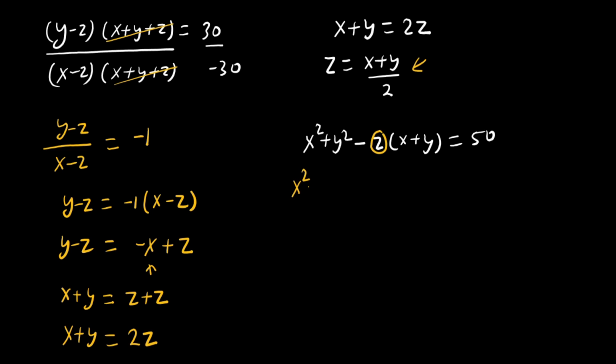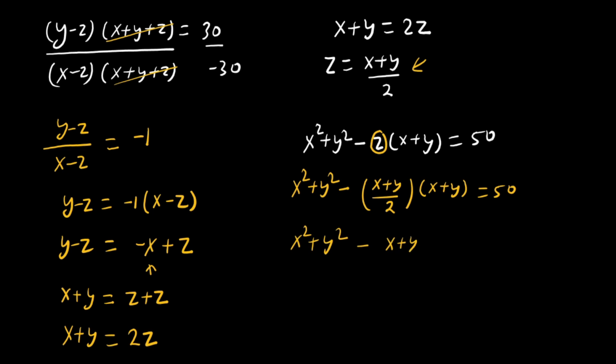Then x square plus y square minus, with z replaced by x plus y over 2, times x plus y, and this is equal to 50. Then x square plus y square minus x plus y times x plus y, that is x plus y whole square over 2, is equal to 50.